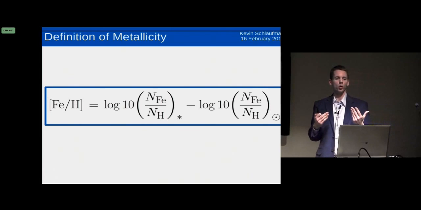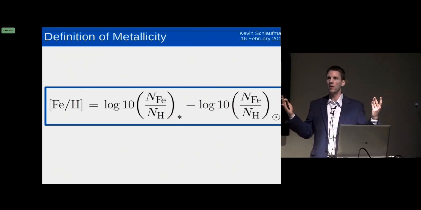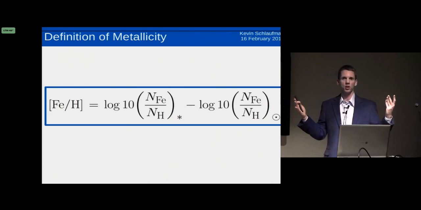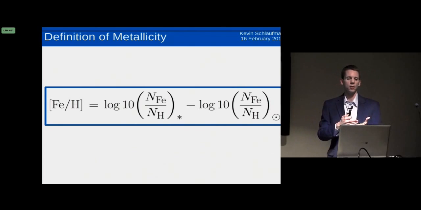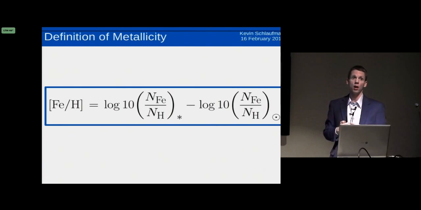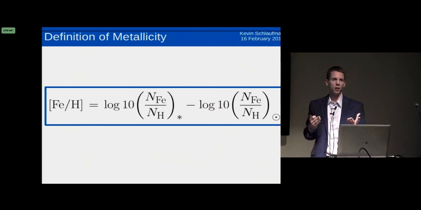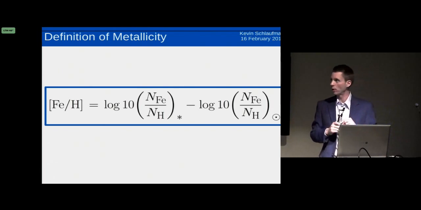And so for historical reasons, we use as a proxy for the overall amount of heavy elements in the atmosphere of a star the amount of iron in that star. Turns out that is a good approximation. For most stars like the Sun, pretty much all other heavy elements scale with iron. So you're not going too wrong in making that assumption nearby the solar composition.